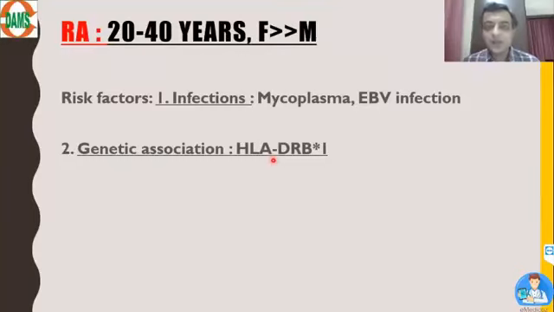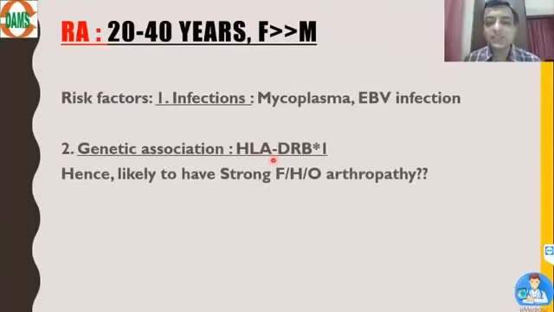Please remember, this is an important point here: whenever a disease has a genetic association, we all feel the disease will be hereditary, that means family history should be strong. That is the common thought. So we think that because rheumatoid arthritis has a genetic association, it is likely to have a strong family history of arthropathy.